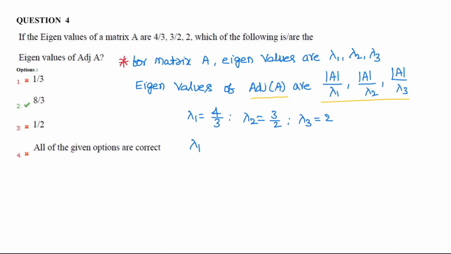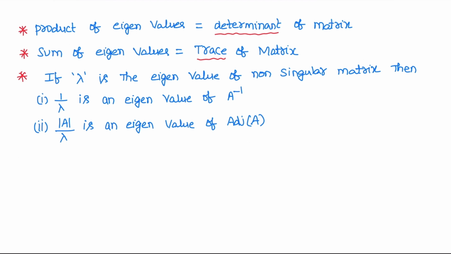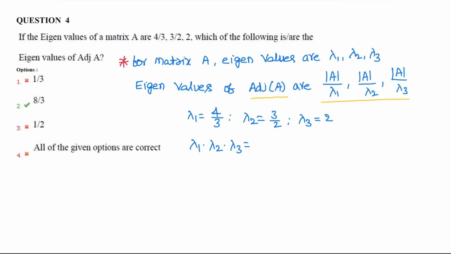Then the product of eigenvalues will give the determinant of the matrix. So 4 by 3, 3 by 2, and then 2.